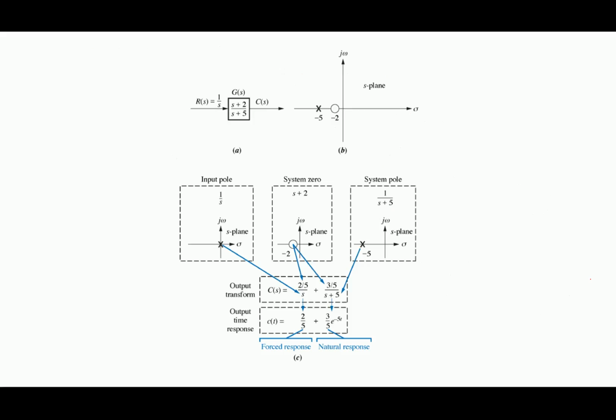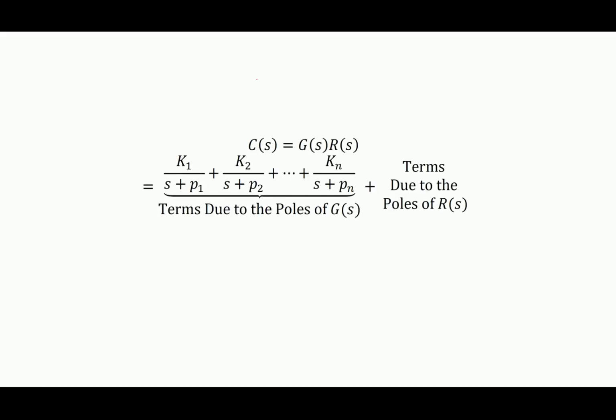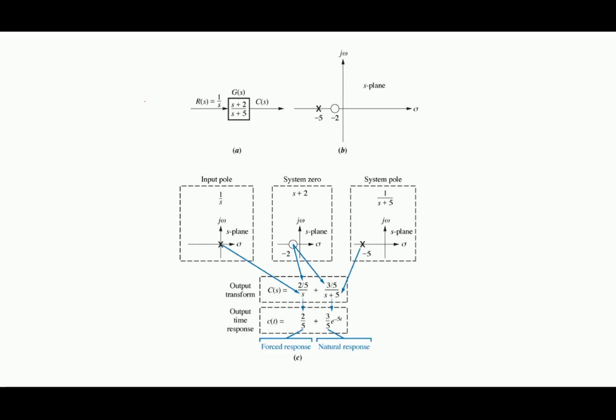Let's visually picture that. That's what I wanted to do. So I have 1 over s as my input, which goes into the transfer function and gives me a C of s. So 1 over s here is my input, and I've got my transfer function. What I've shown here is the pole-zero plot for G of s for my system.